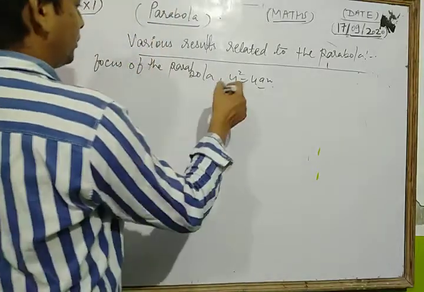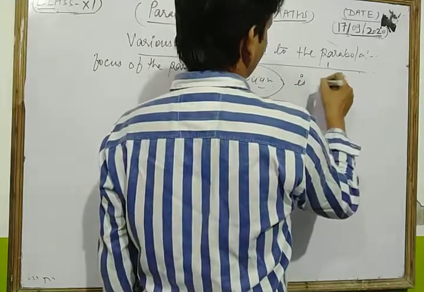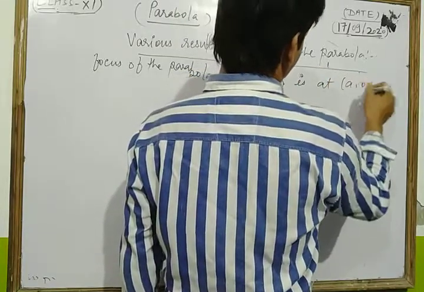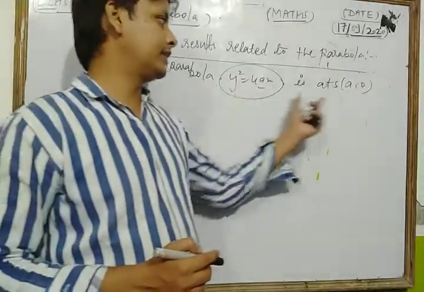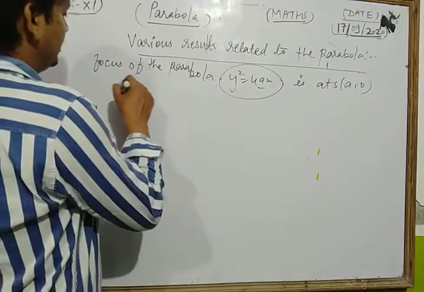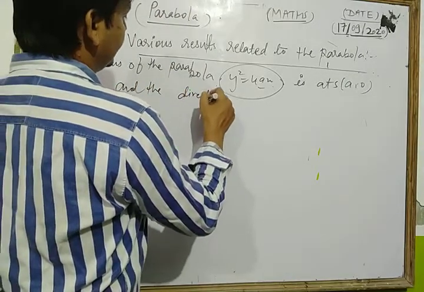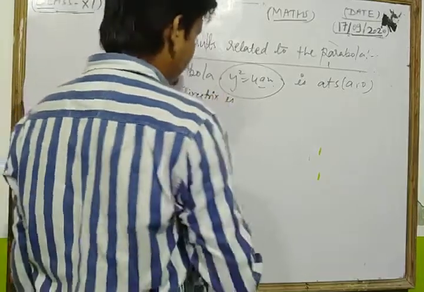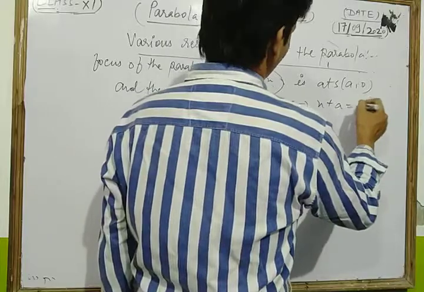The focus of the parabola y square is equal to 4ax is at (a, 0), and the directrix is x is equal to minus a, that is, x plus a is equal to 0.